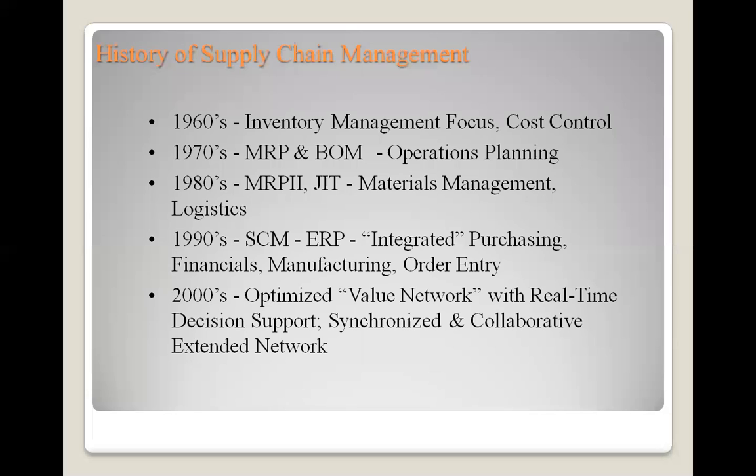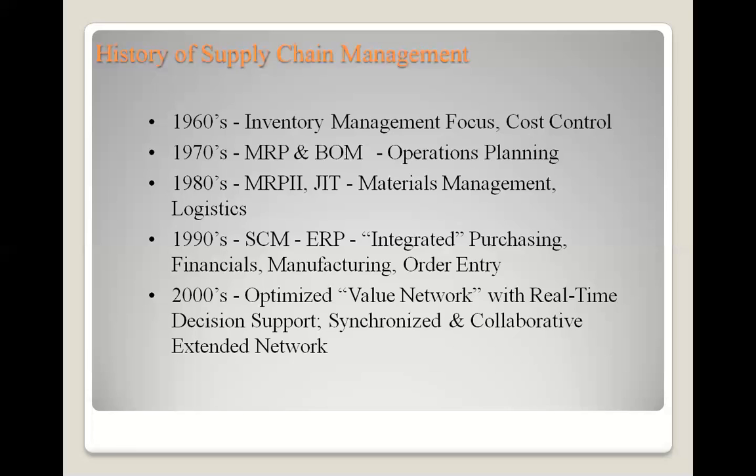Now, what is the history of supply chain management and SCM? In 1960, inventory management focused cost control was introduced. In 1970, MRP and BOM technology in operational planning was introduced. In 1980, MRP2 and JIT, just-in-time material management logistics, were introduced.